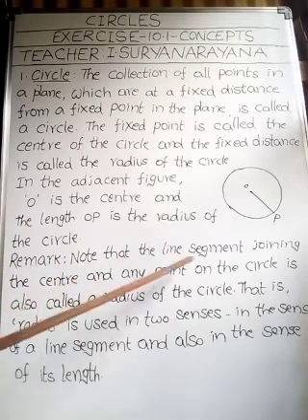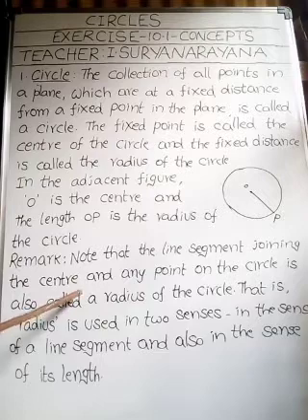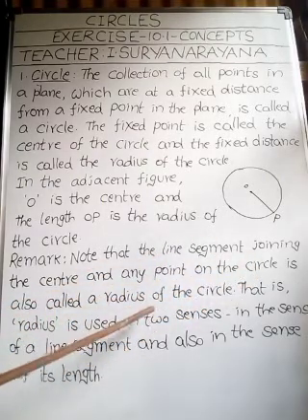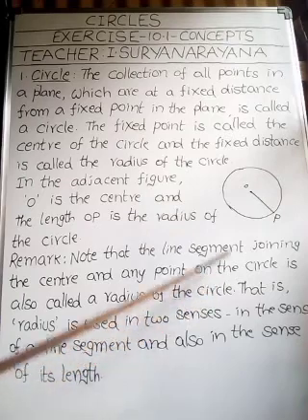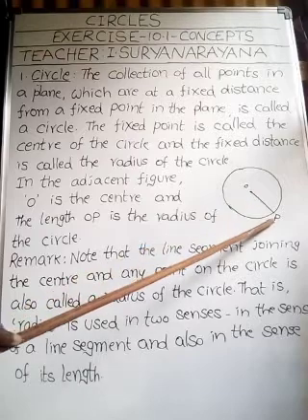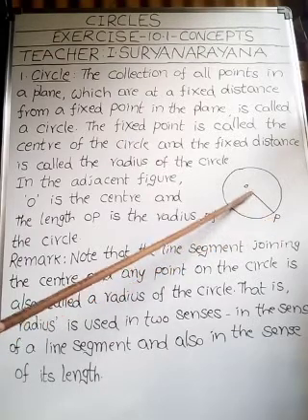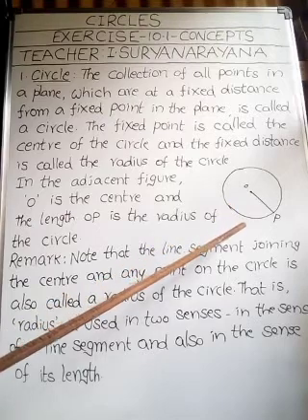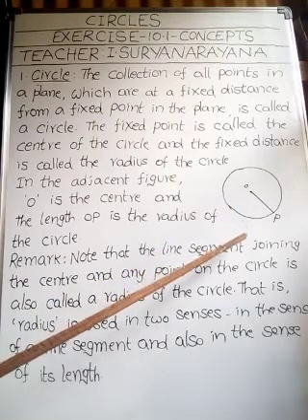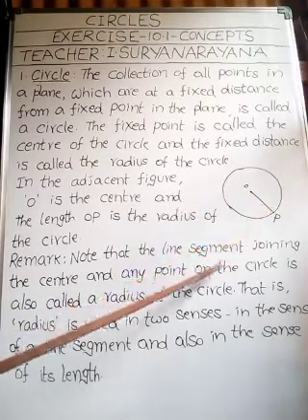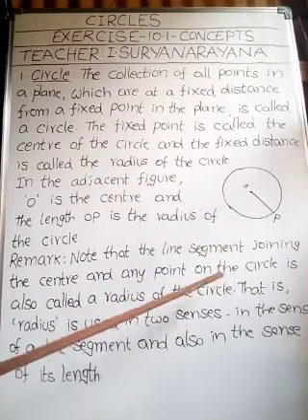Note that the line segment joining the center and any point on the circle is also called the radius of the circle. This line segment is the geometrical representation of radius. It is nothing but a line segment. But with respect to this circle, this line segment is called the radius of the circle.